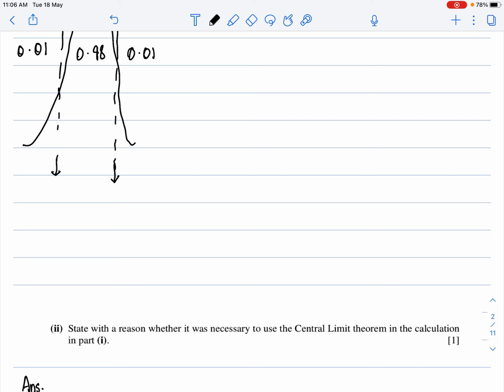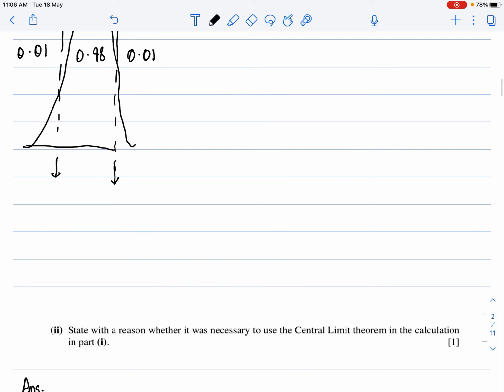For the upper limit z value, I need the probability which is less than the z value: 0.98 plus 0.01, which gives me 0.99. But that's not my z value, mind you, that's the probability.